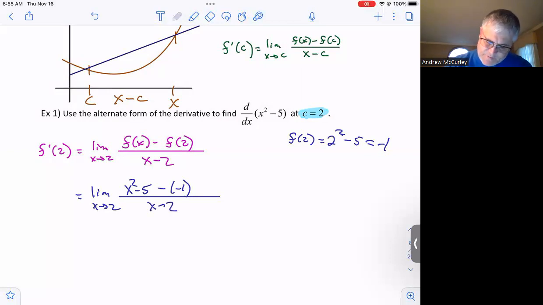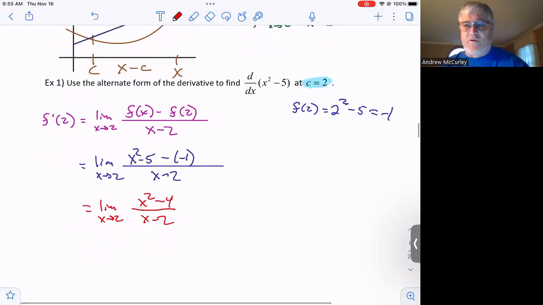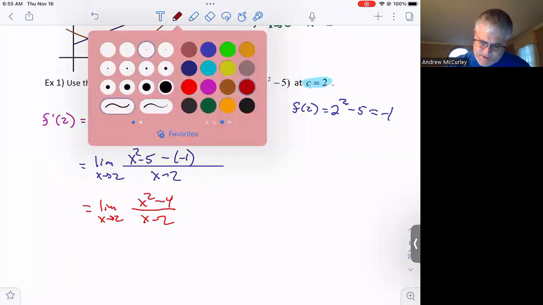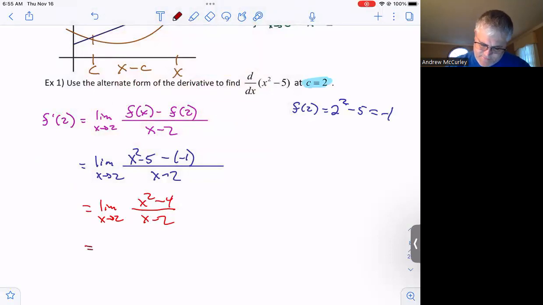Hopefully you see where this is heading already. This is going to be the limit as x approaches 2 of x squared minus 5 plus 1, which is -4, over x minus 2. What are we going to do with that limit? Right now if we put it in, it would be 0 over 0. We can do something about that. I would hope everybody's brain just said, that's a difference of squares pattern.